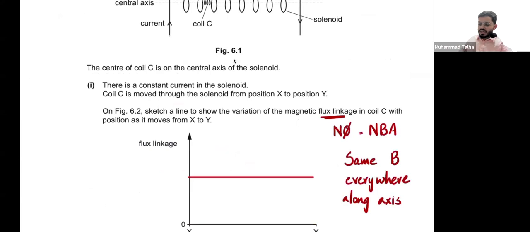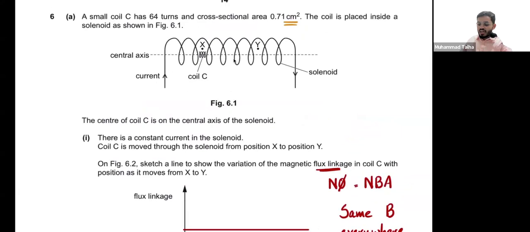So magnetic flux linkage is N phi, which is NBA. Number of turns is not changing here. Magnetic flux density, which it experiences, is also not going to change, because inside this coil, if I make the field lines, they would be like this. They would be equally spaced, right?